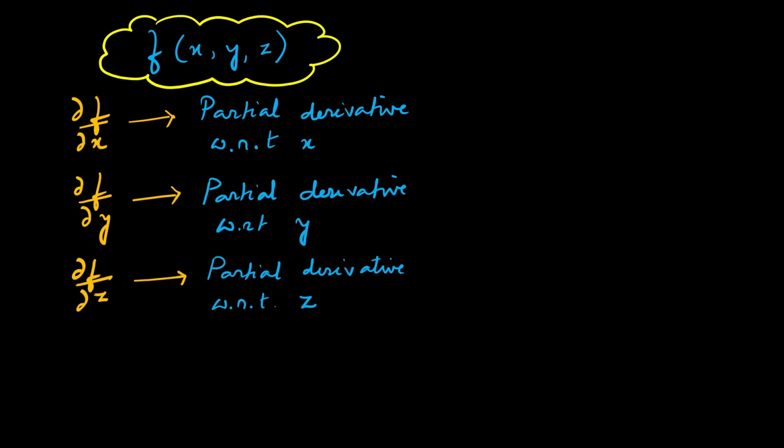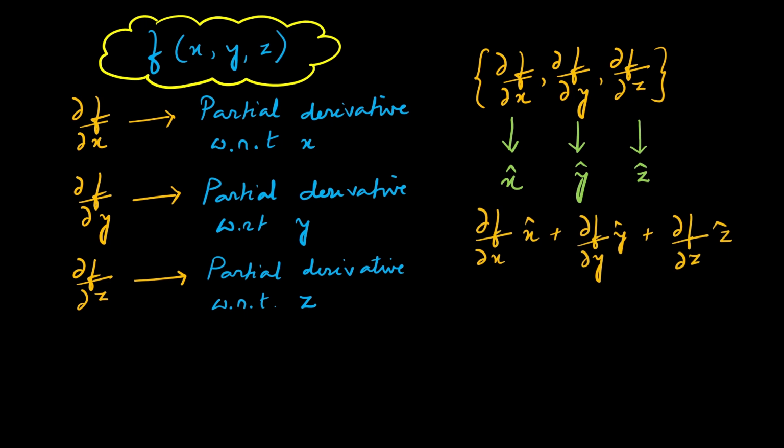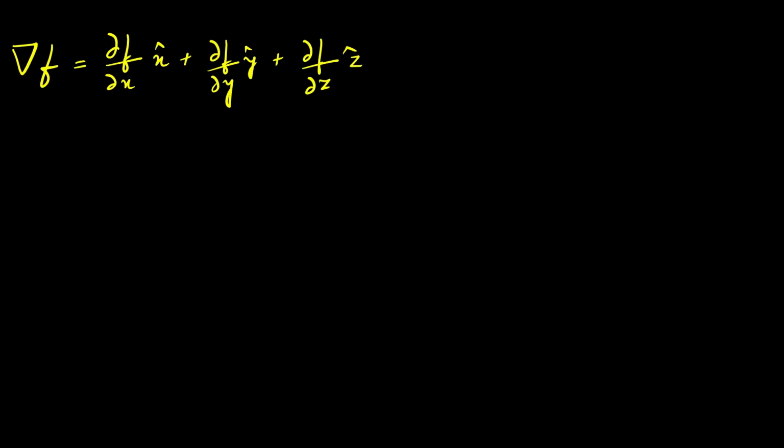Now, if I take all three partial derivatives, and I assign a direction, the partial derivative with respect to x is along the x direction, the second one is along the y direction, and the third one is along the z direction. Now, with this information, I can form a vector. This vector is what we call the gradient of f. Now, the gradient of f is a vector.